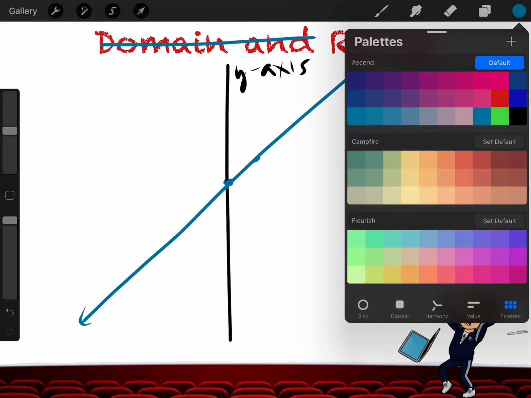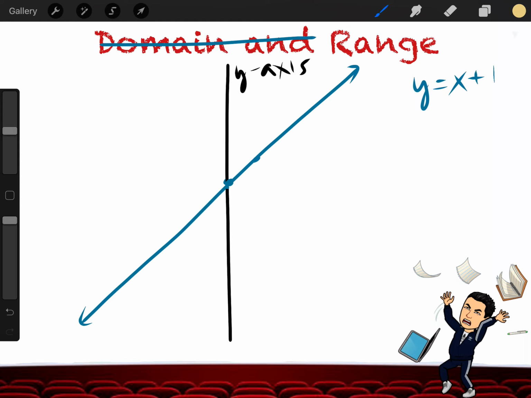Look at this arrow right here. It's going down endlessly. Look at this arrow right here. It's going up endlessly. So this is pretty much going to cover all the height of the y-axis.